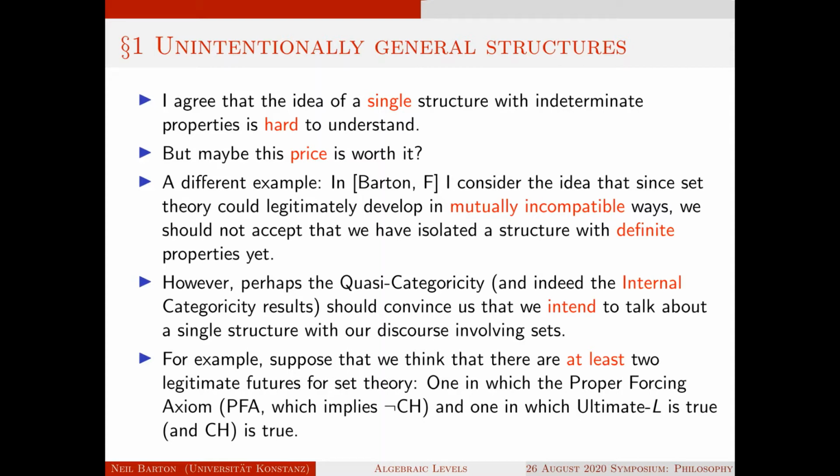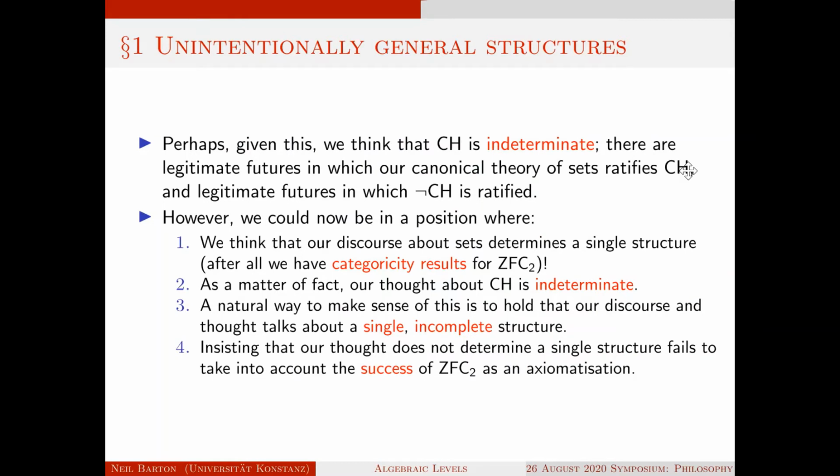Suppose that we think that there are at least two legitimate futures for set theory, one in which the proper forcing axiom holds and hence not CH, and one in which Ultimate L is true and hence CH is true. Well, perhaps, given this, we should think that CH is indeterminate. There are legitimate futures in which CH is true and legitimate futures in which CH is false. So we'd now be in a position where we think that our discourse about sets determines a single structure, because after all, we have these quasi-categoricity results, both internal and semantic.